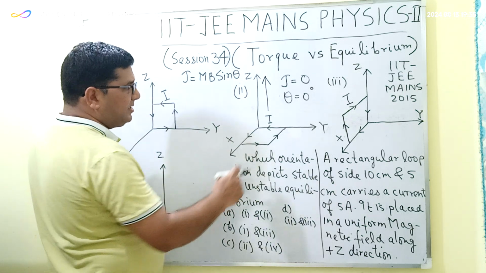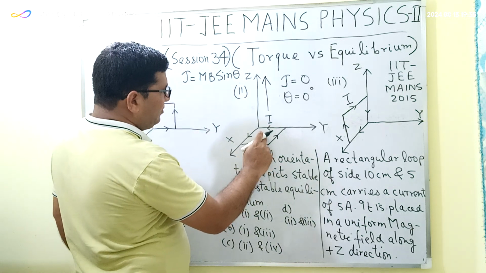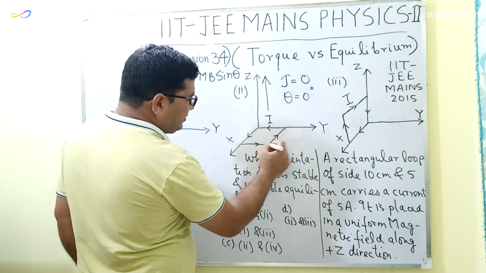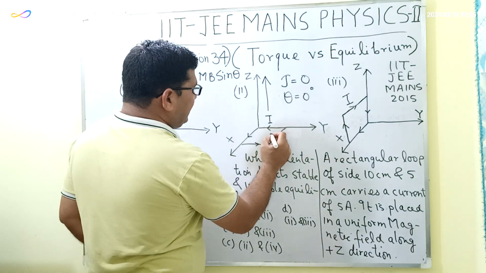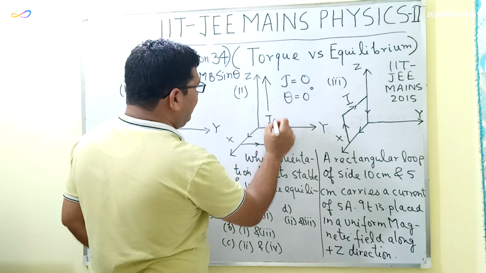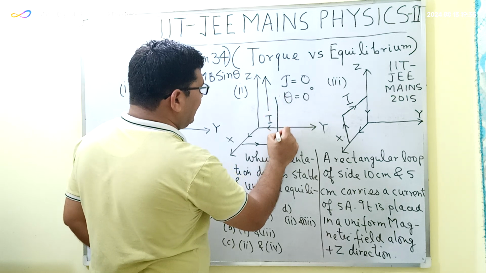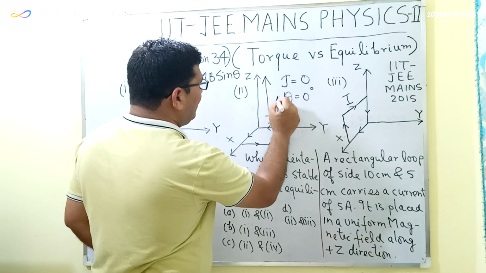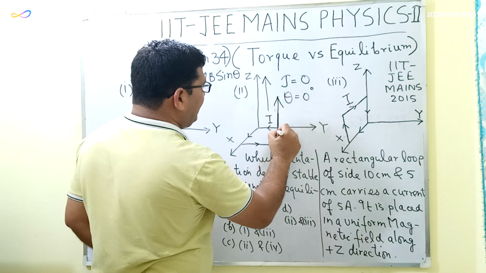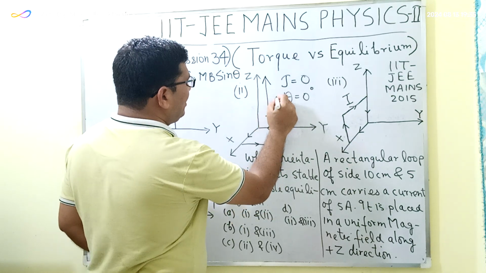So from these four figures, you can see that in figure number 2 the direction of the current is anti-clockwise. So in this case, the direction of the magnetic moment will be like this, that is, it will be perpendicular to the plane of the loop like this, and it will be directed outward.